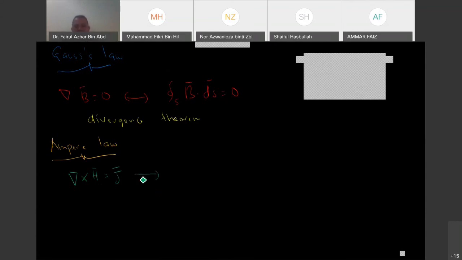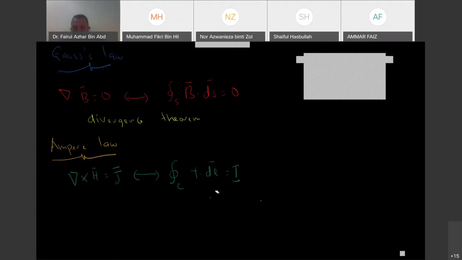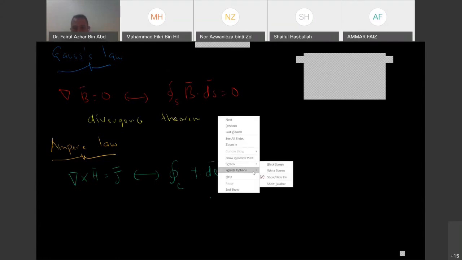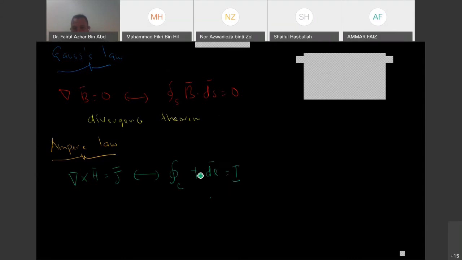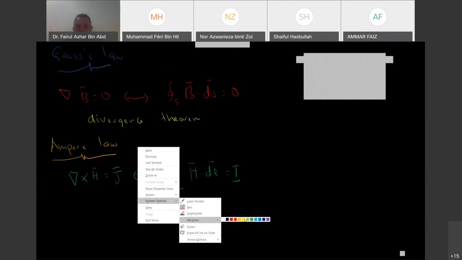Then the differential form of Ampere's law can be converted by using Stokes theorem, and the result becomes the closed contour integral of H dot dl is equal to I.